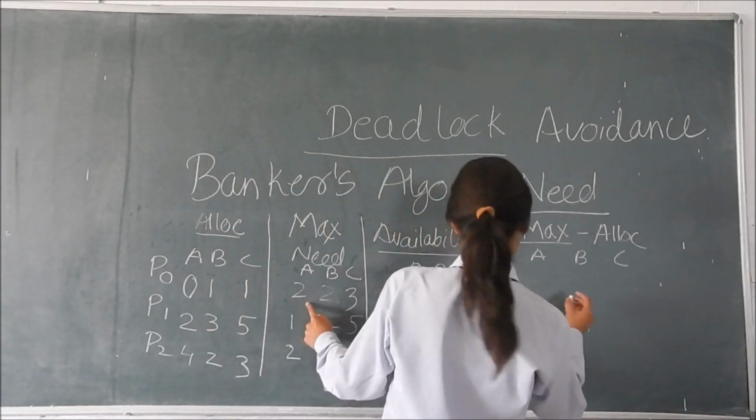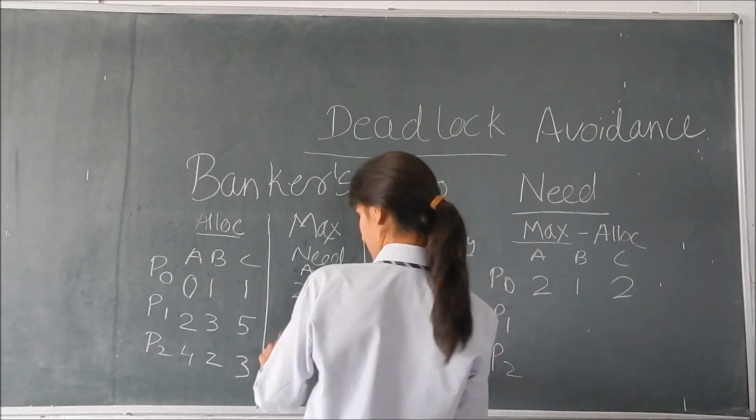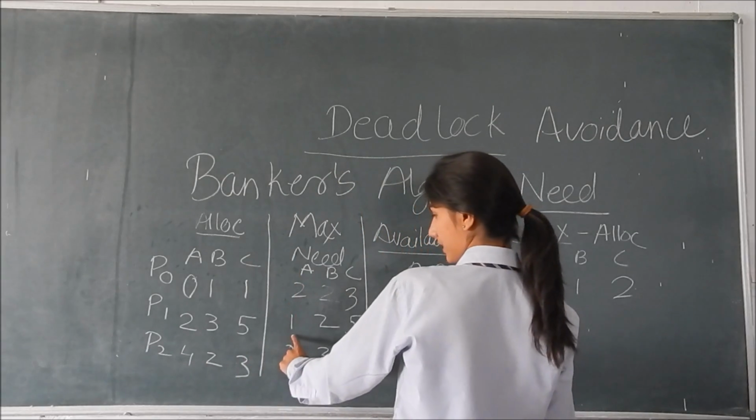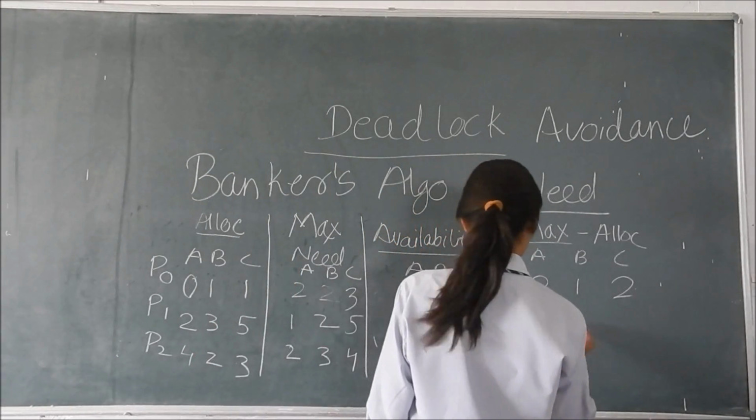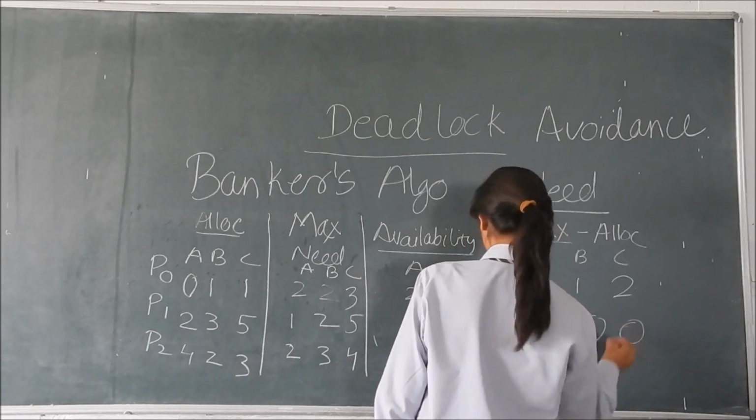So subtracting these we get 0, 1, 2. Here we get requirement is 1 and allocated is 2. So there is 0 requirement, 0 and 0.